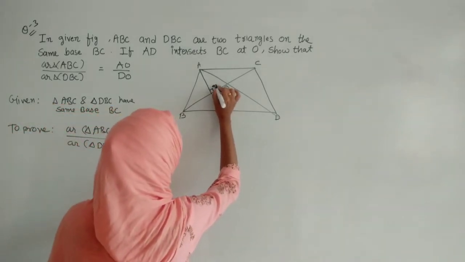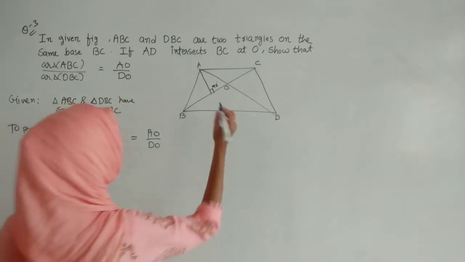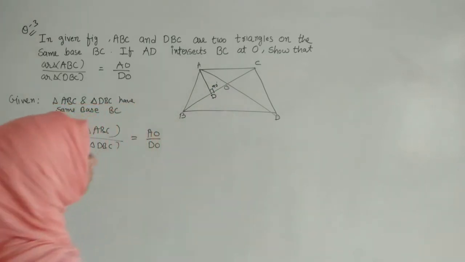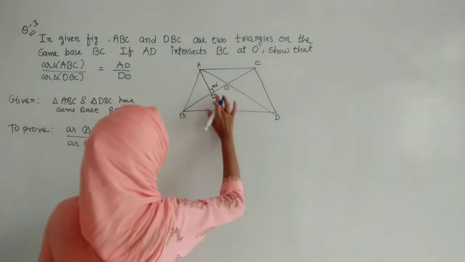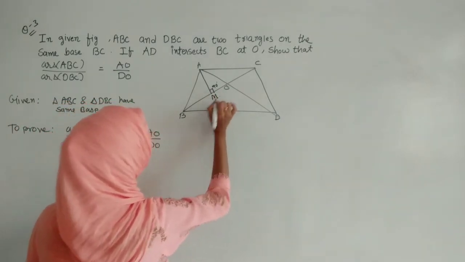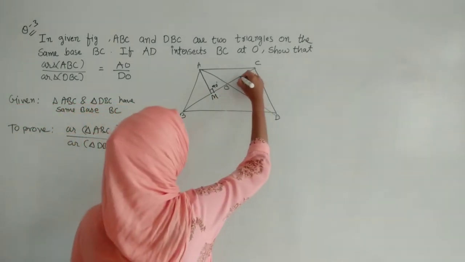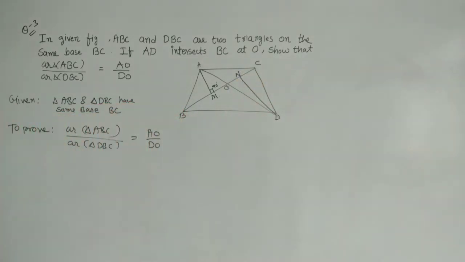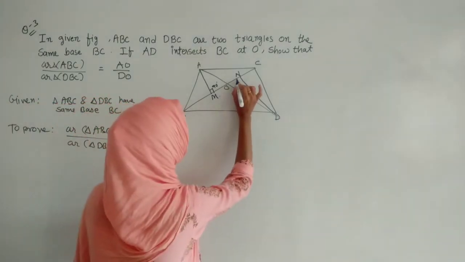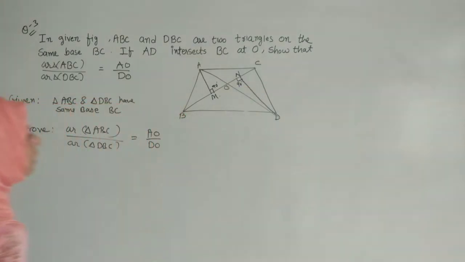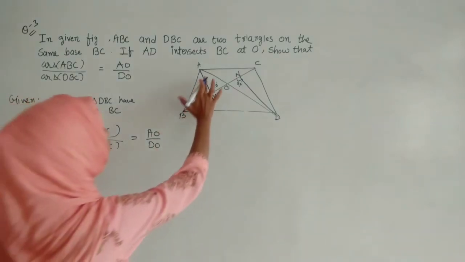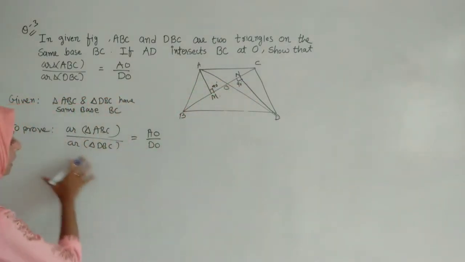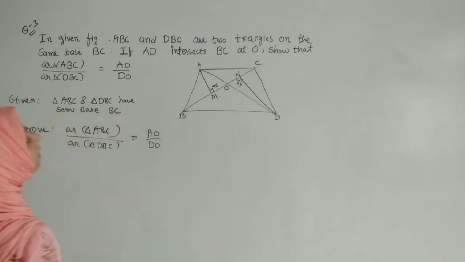So let us take AM, and we will draw another perpendicular over here and give it the name DN. And it is perpendicular, which means this angle will be 90 degrees. So first we will prove similarity of these two small triangles, then we will substitute some values over here, and then our question will end.